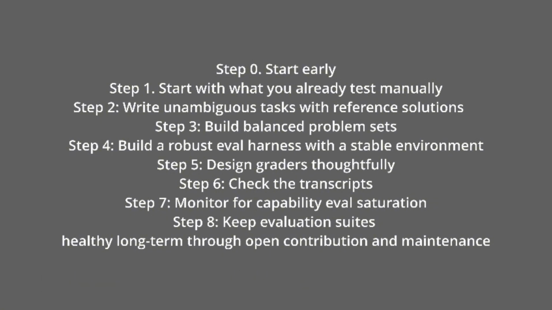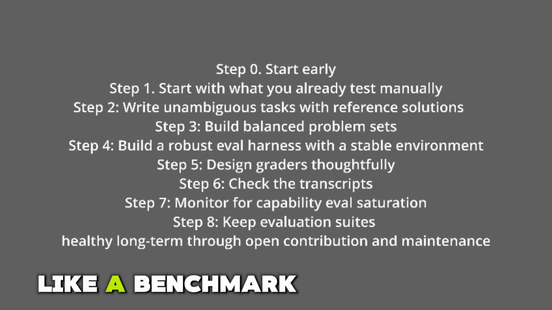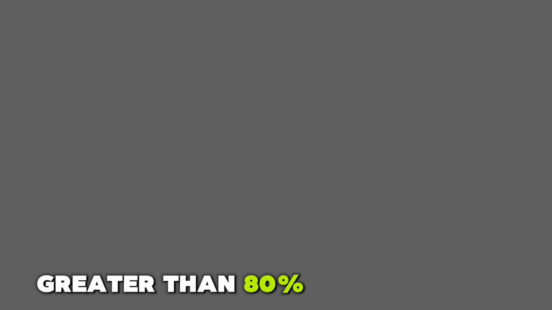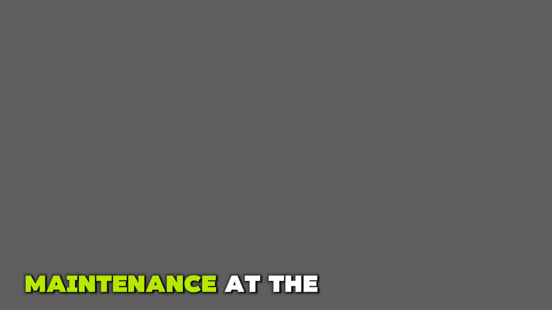For instance, a benchmark like SWE-bench Verified started at 30% last year, and today's models are nearing saturation at greater than 80%. And finally, step 8 is to keep evaluation suites healthy long-term through contribution and maintenance.